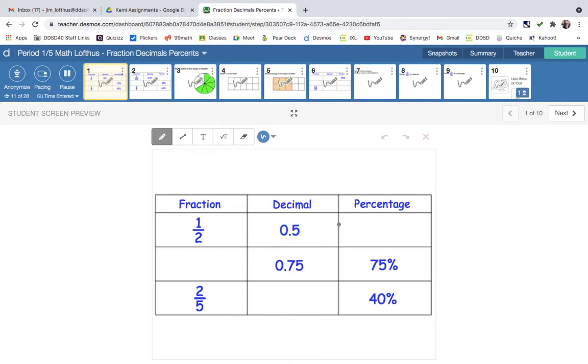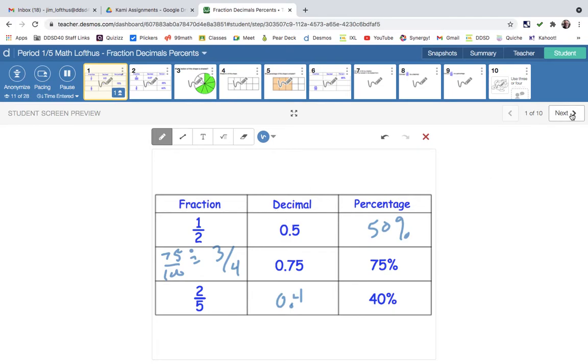So 1/2 is 0.5, and that is 50%. And 75% is 75 hundredths, or equal to 3/4. And 2/5 is 0.4, 4/10, or 40 out of 100.